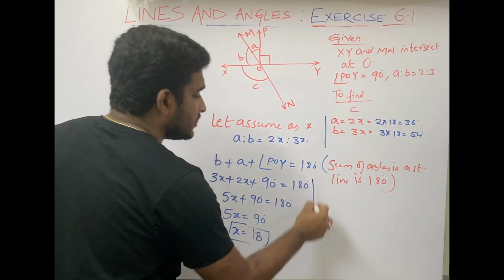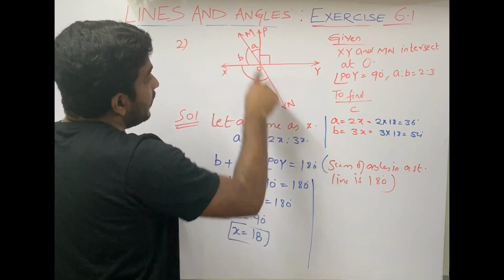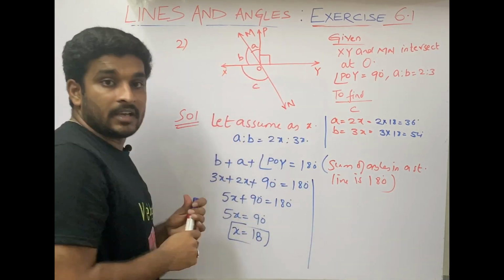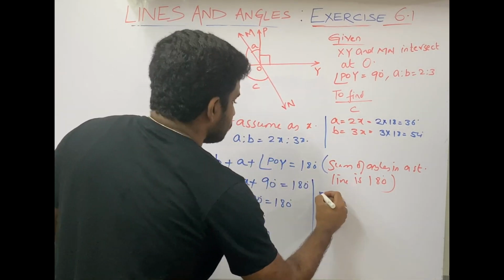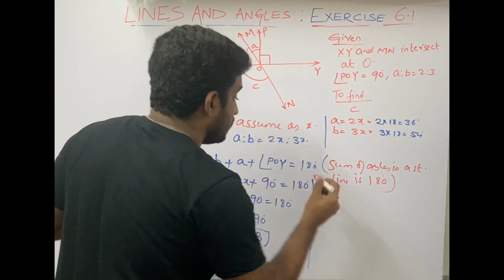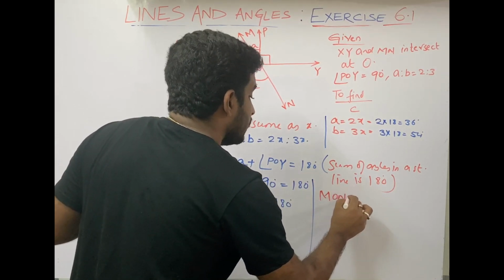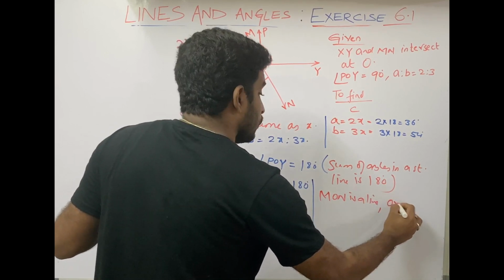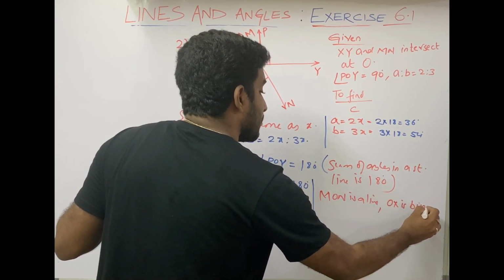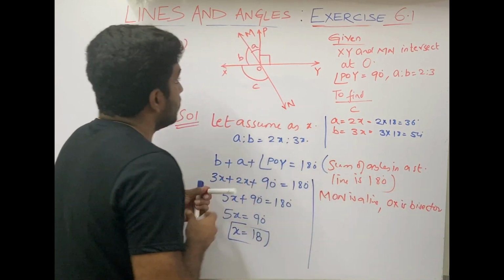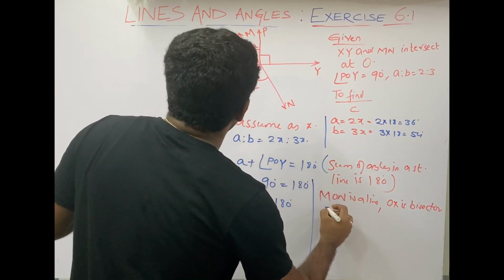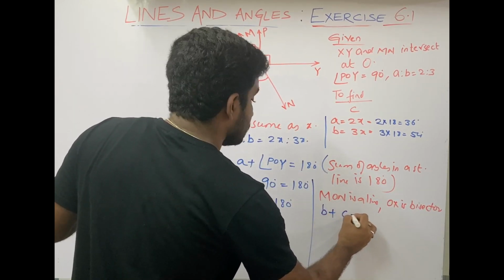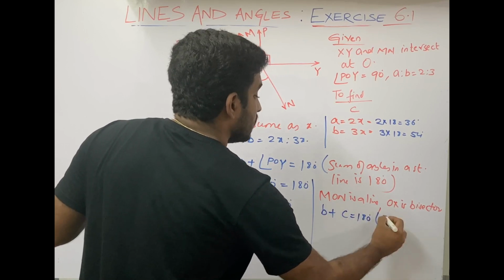How can we find C? We know MON is a line where OX is a bisector. See, MON is a line, OX is bisector. That is, B plus C equal to 180 degrees.